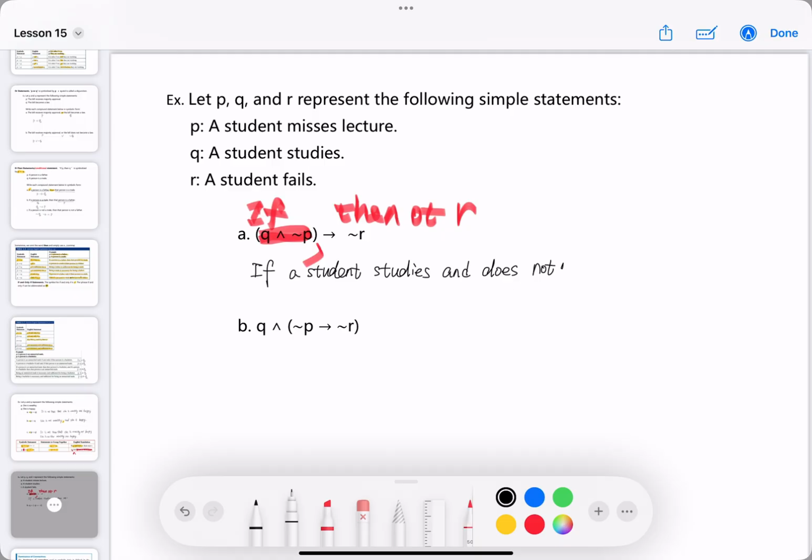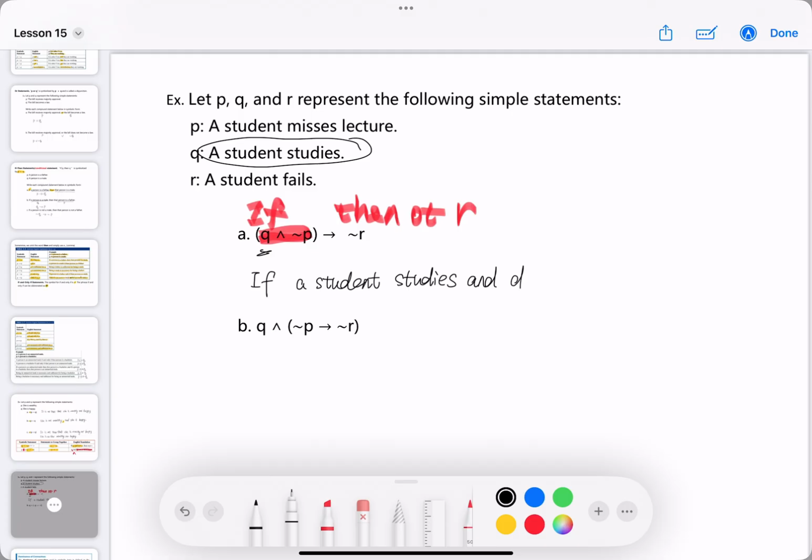Oh, my bad. Okay, let's do this. What is Q? Q is here, so I think yes, Q is here, if there's no mistake. If a student studies and does not miss lecture.